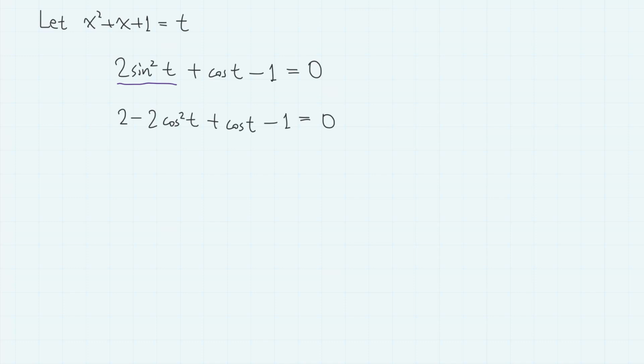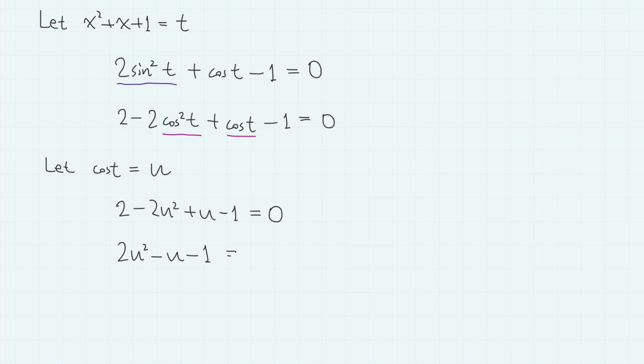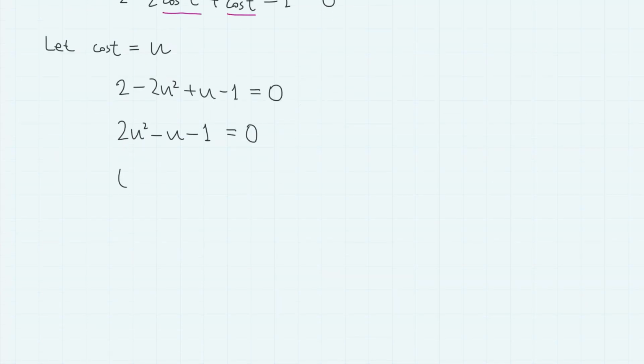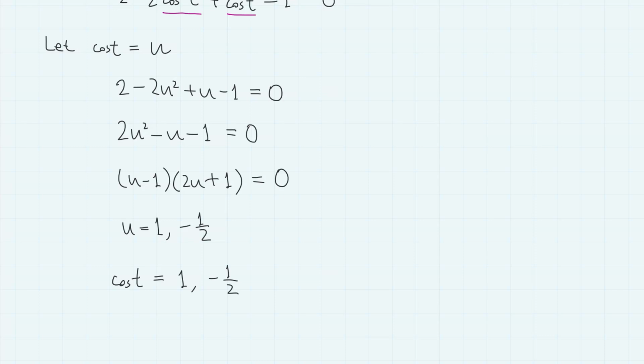This equation only consists of cosines of t, so we can make another substitution, cosine t equals u. Then we have 2 minus 2u squared plus u minus 1 equals 0. So 2u squared minus u minus 1 equals 0. So (u minus 1) times (2u plus 1) equals 0, which gives u equals 1 and negative 1 half, meaning that cosine t equals 1 or negative 1 half.